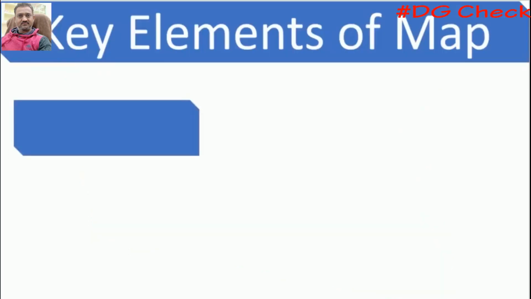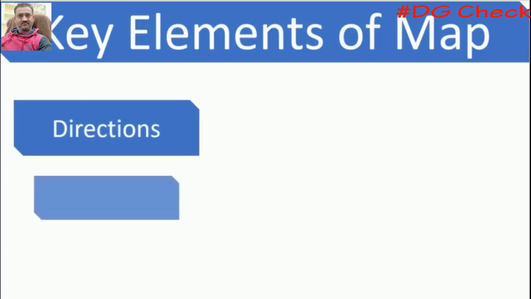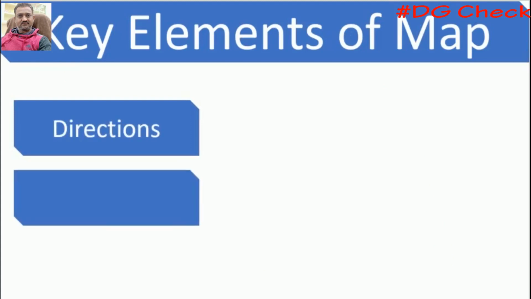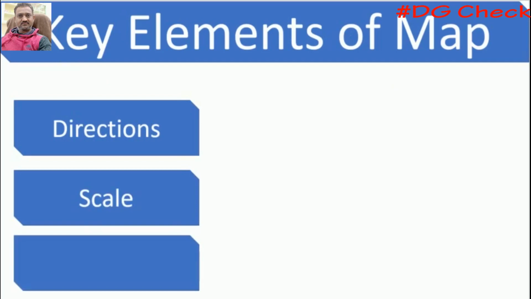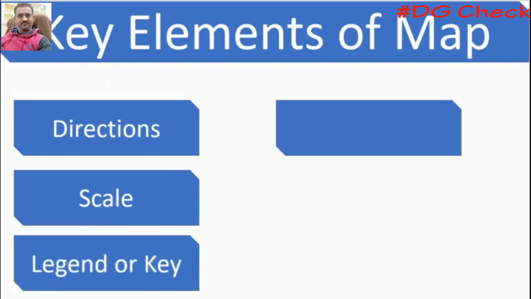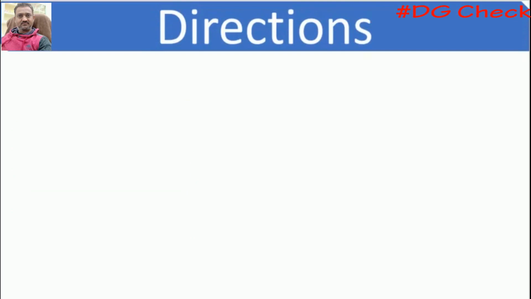So look at the key elements of the map. First one is direction, then scale, legend or key, and colors and symbols. So, we know that the most important part of the map is directions.